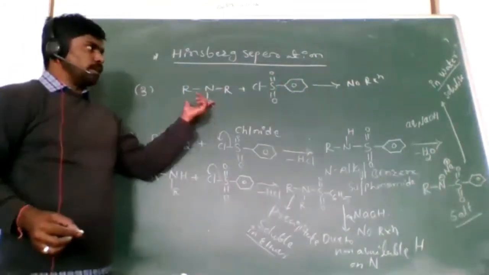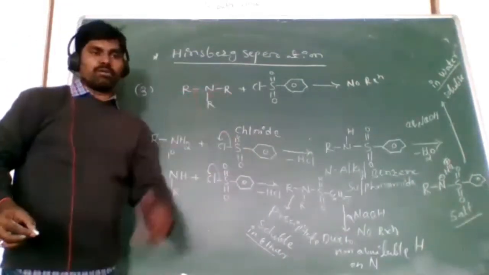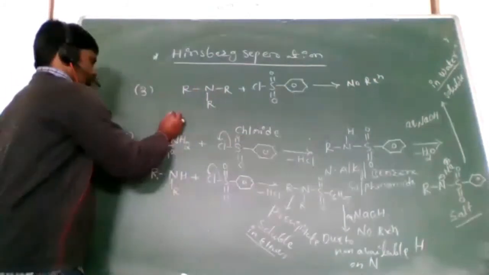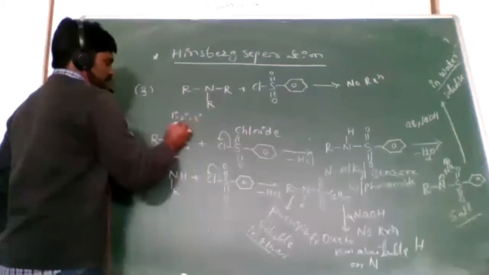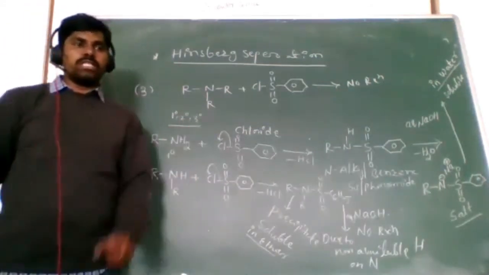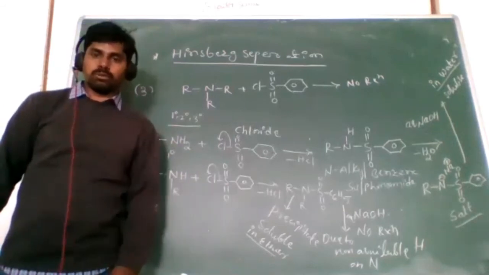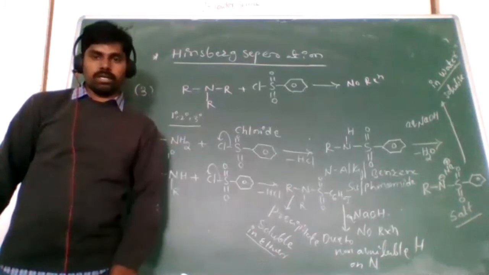So that's why, when you use this benzene sulfonyl chloride, it can separate the primary, secondary and tertiary amines. When it reacts with the benzene sulfonyl chloride and with sodium hydroxide, that component is soluble in water.